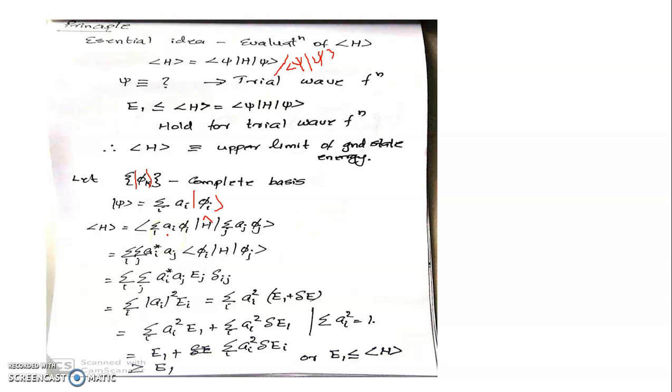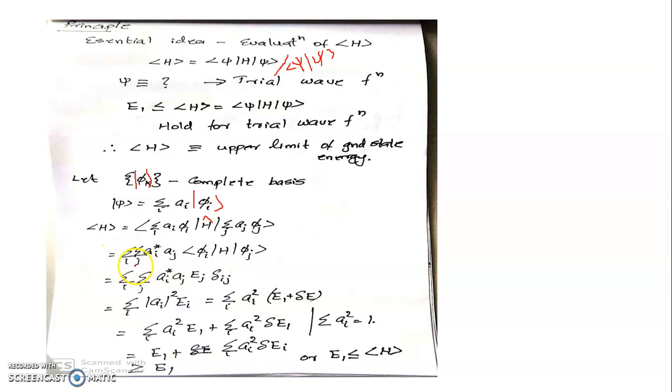So we take the expansion coefficients out of the scalar product from both the adjoint ket space and the ket space. Then this becomes summation over i, a_i star coming out of the adjoint ket space or the prefactor space, and summation over j, a_j as such coming out of the ket space.